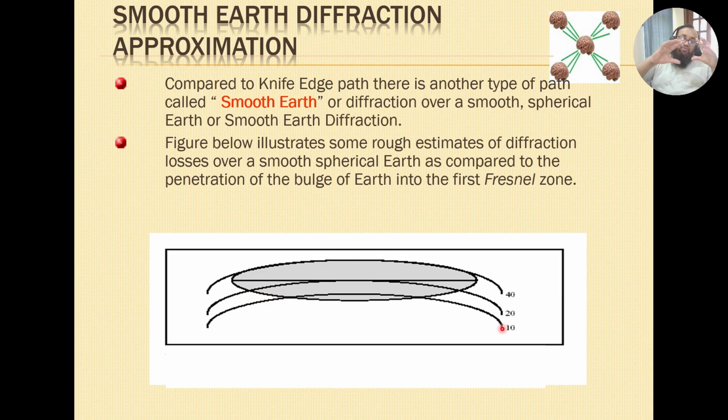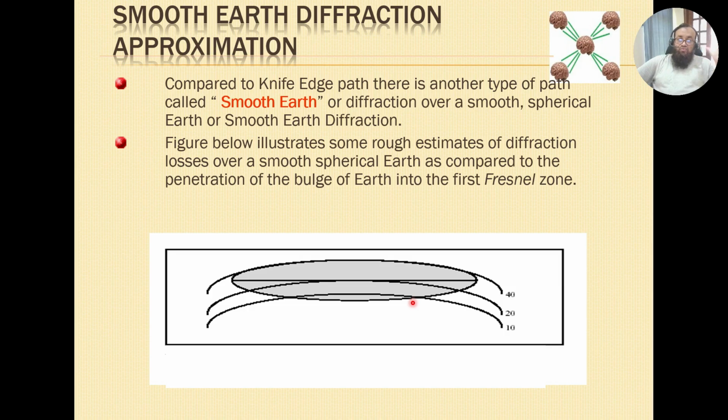So if you have a link where the first Fresnel zone is partially obstructed, telling how much is not very easy, but it's an approximation. Up to 10 dB loss you can approximate if it is going through below the half of it, I mean, obstructing some part of it.